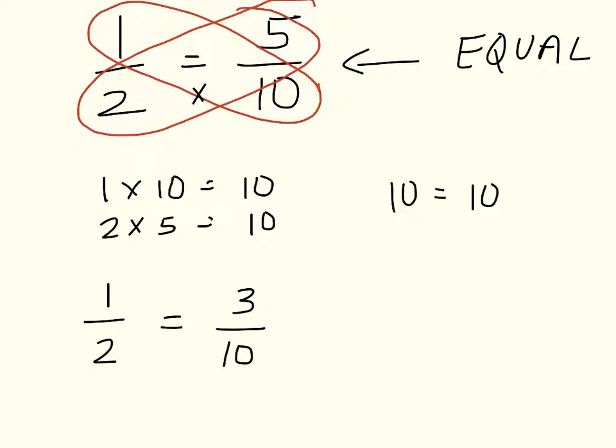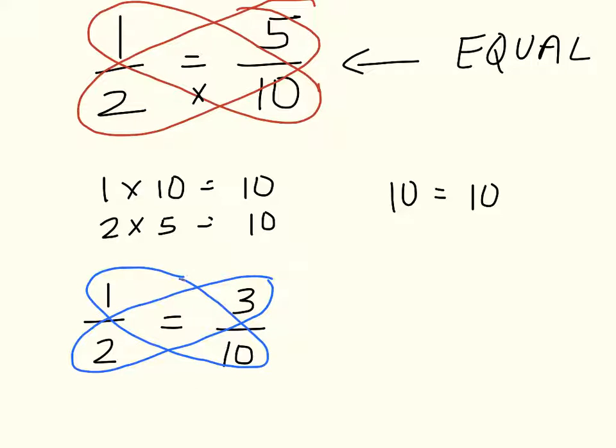Well, cross-reference to prove it. 2 and 3, 1 and 10. 1 times 10 has a product of 10. 2 times 3 has a product of 6.